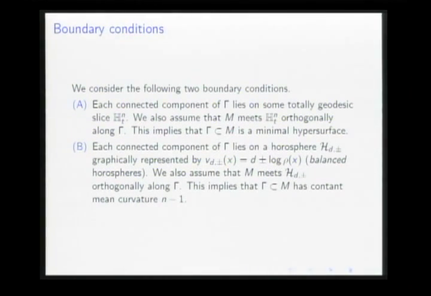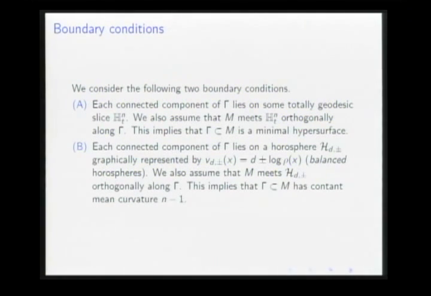So I'm considering these two boundary conditions. The first one is my boundary is going to be on some slice H^n_t. And I also assume that the manifold meets this slice orthogonally. So this guarantees that the boundary is a minimal hypersurface of M. The other condition: the boundary gamma lies on a horosphere.